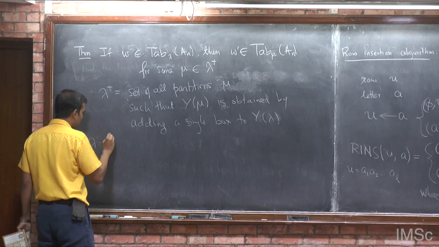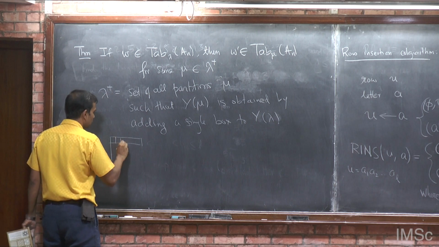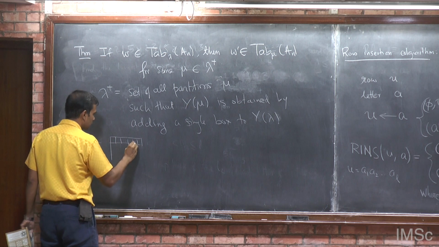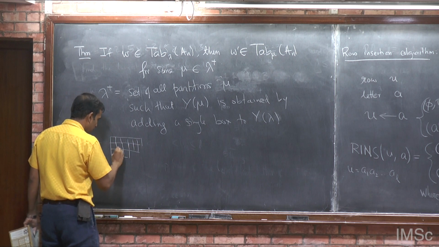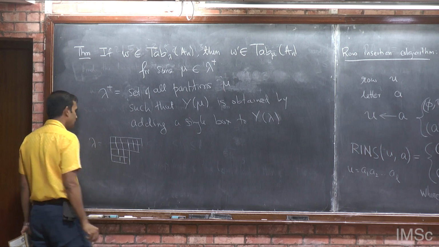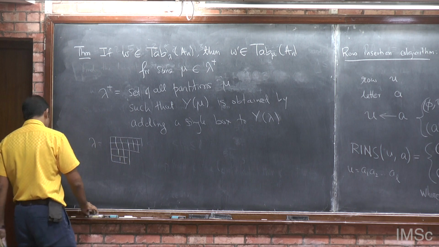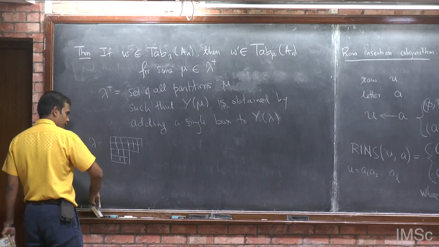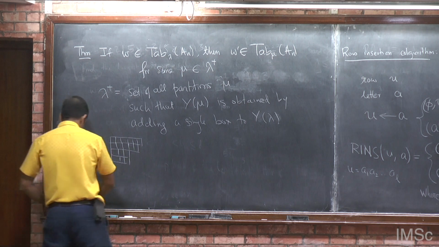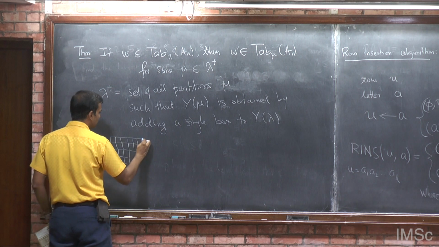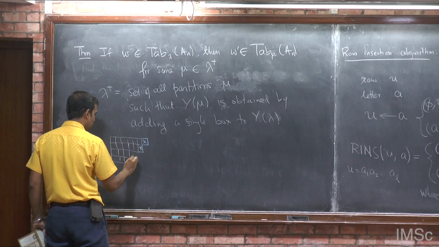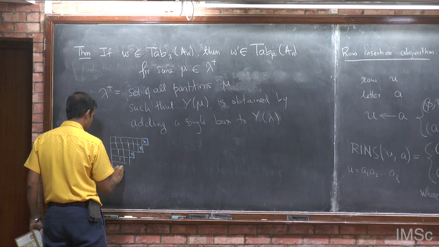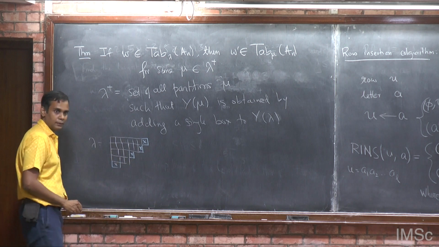Suppose we take lambda equals 6, 5, 3, 3. Then where can I add boxes to this? Well, I could add a box here, or I could add a box here, or I could add a box here, or I could add a box here.